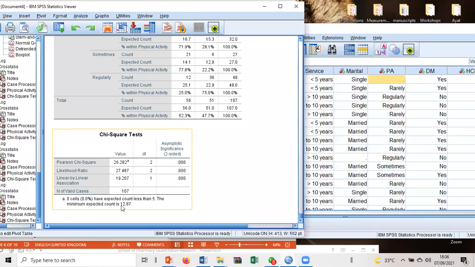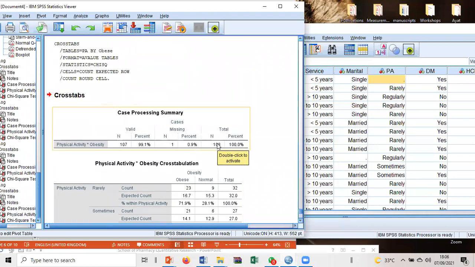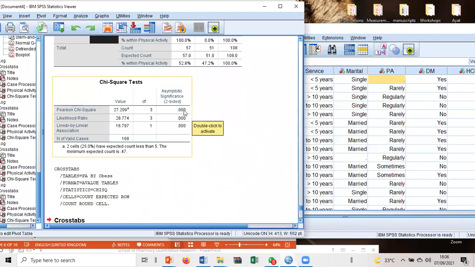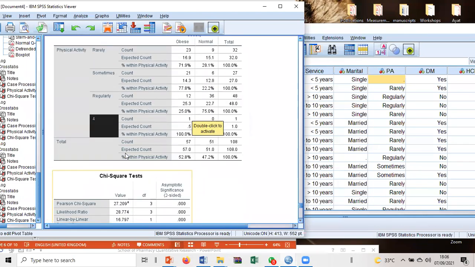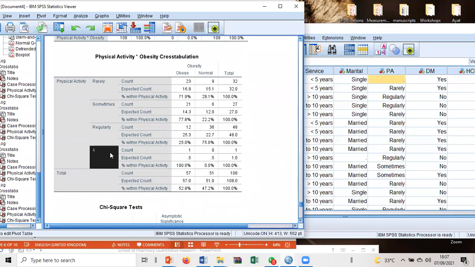Yes. It is valid. But earlier, even though significant, the results were not valid. That's why, with category 4 having only one value, we either combine it with another group if we can, otherwise remove it. You okay?